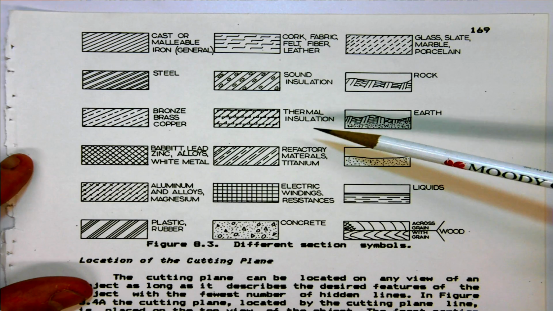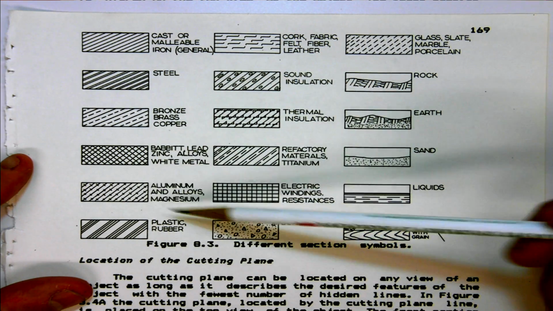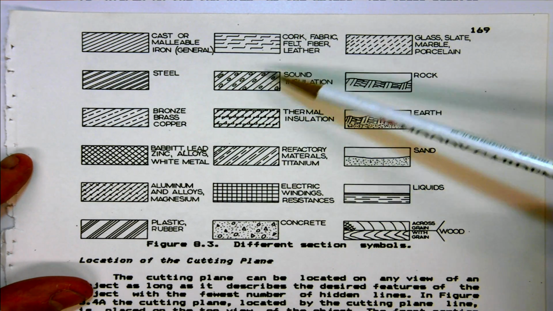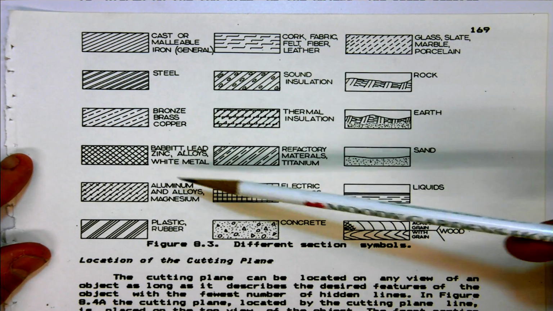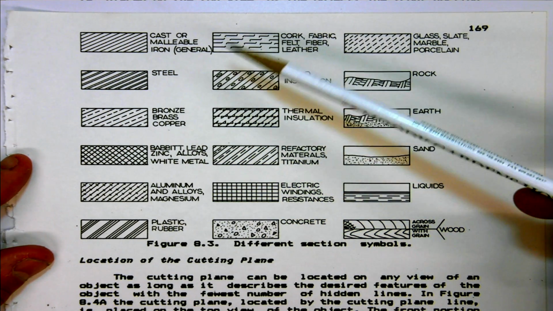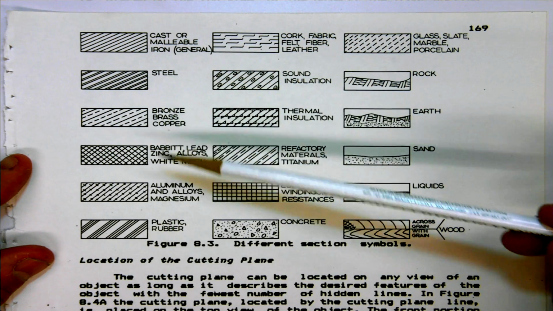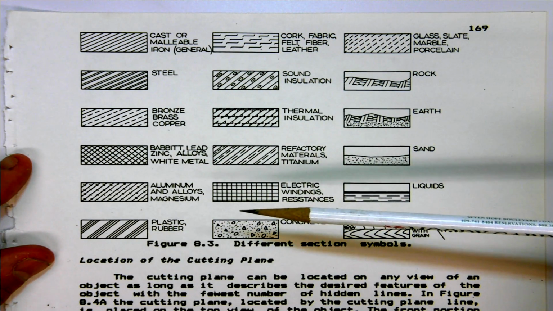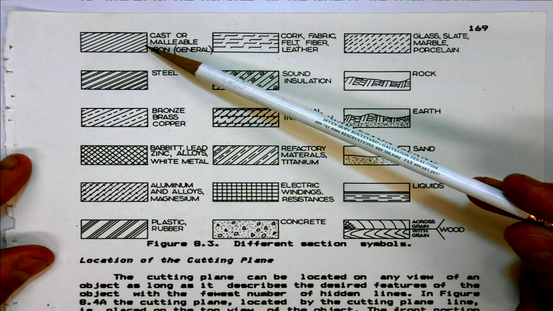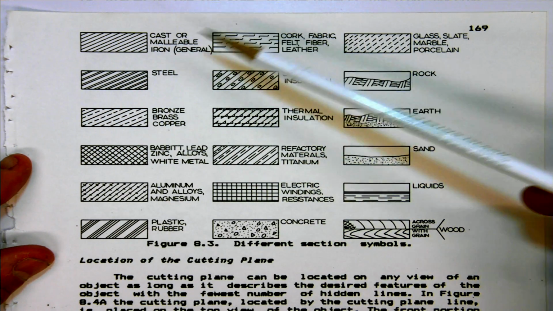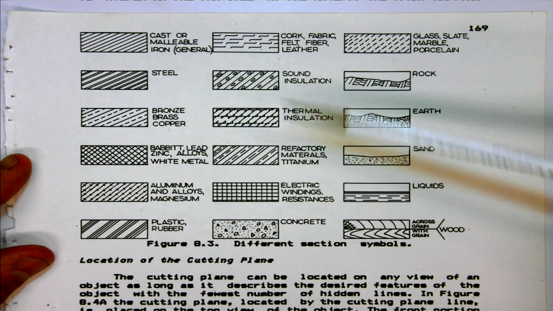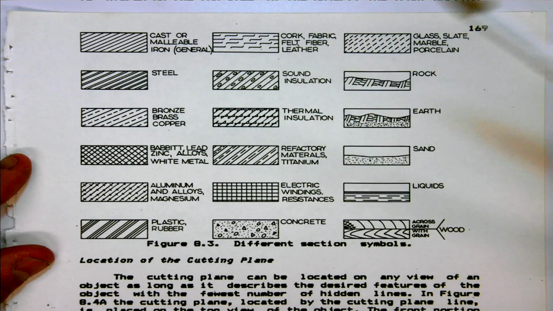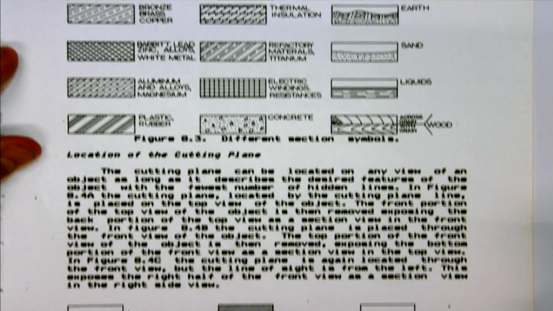These different section symbols were used exclusively until right around between the First and Second World War. Then they simplified the drawings into basically the cast iron type of metal representation. But now with CAD, you can fill these in more easily, so you're seeing a lot of reappearance of these, especially in architectural areas.